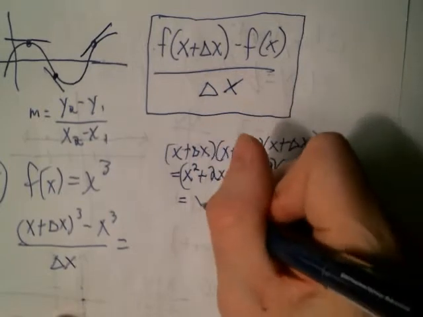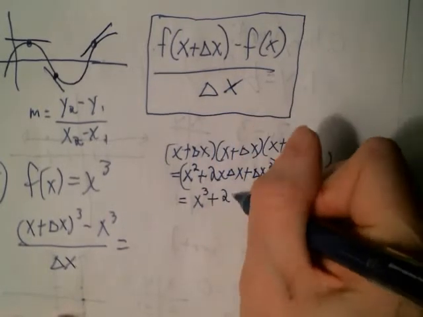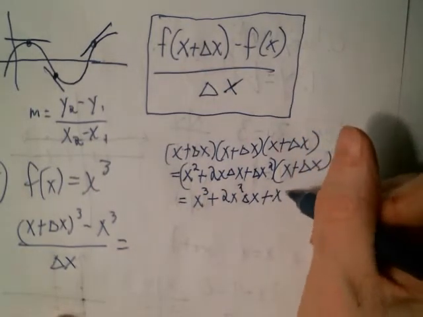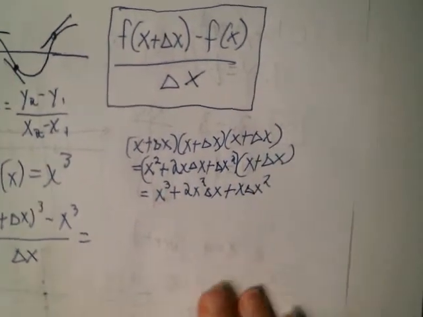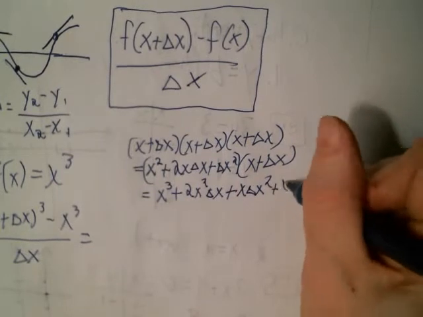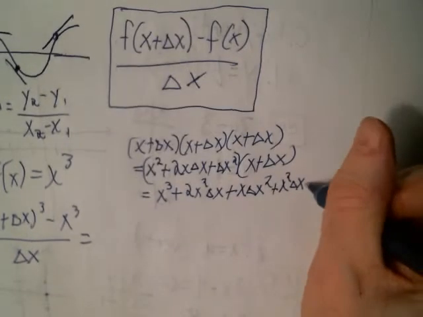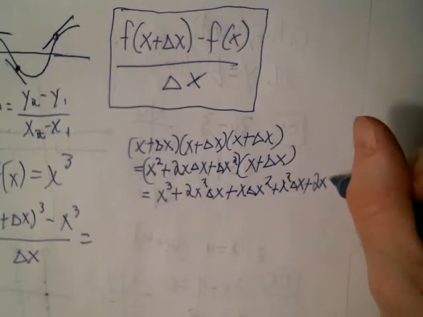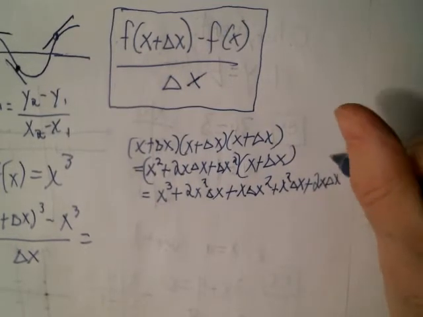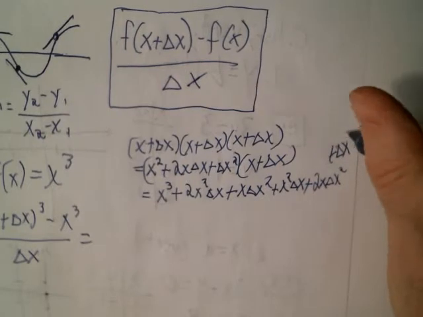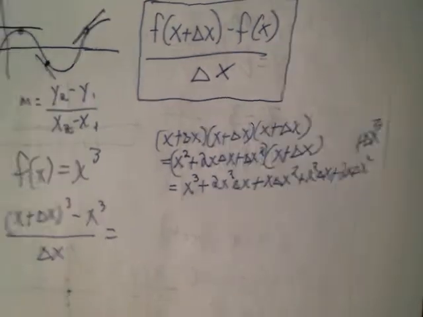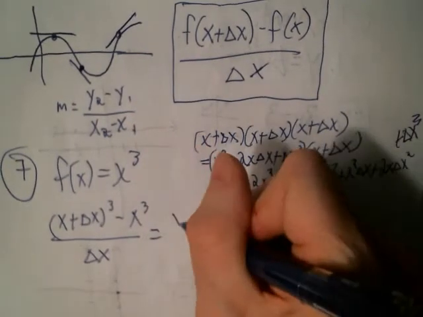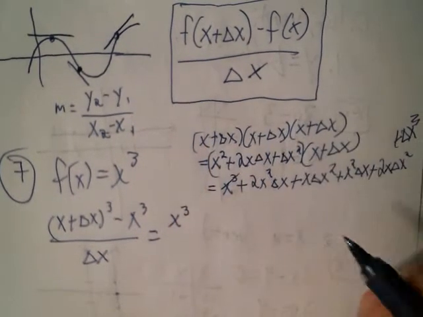So distribute, I get x cubed plus 2x squared change in x plus x change in x squared plus x squared change in x plus 2x change in x squared, jeez, plus change in x cubed. Okay, so simplifying this a bit, what do I get? x cubed, got that guy.